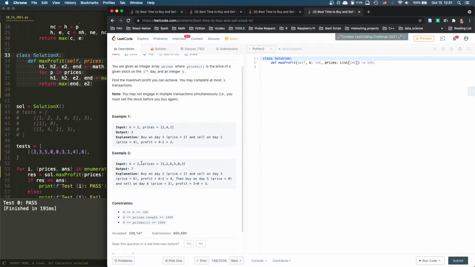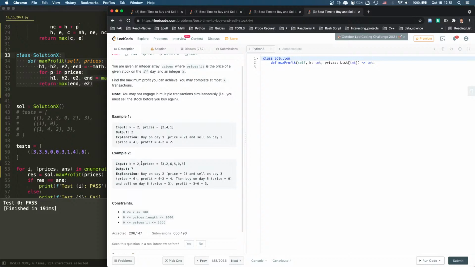We know H1 is always minus price, and E1 is always the max of E1 itself and H1 plus P, and H2 is always the max of H2 and E1 minus P. So it's always going to be like this.